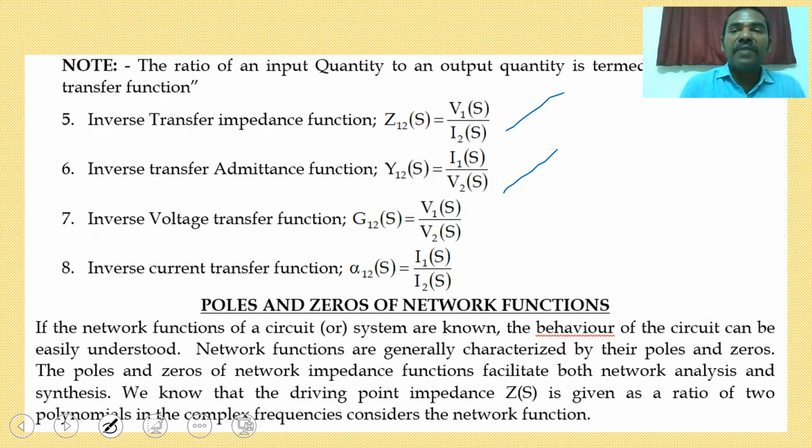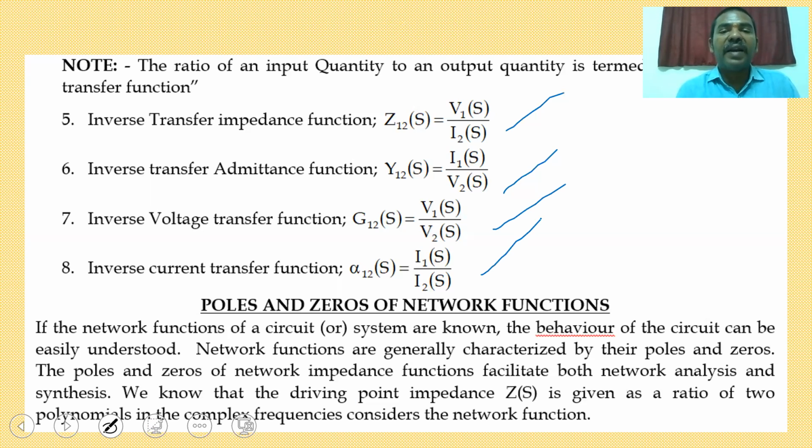Similarly, the inverse voltage transfer function G12 of s is equal to V1 of s by V2 of s, and the inverse current transfer function alpha 12 of s is equal to I1 of s by I2 of s. Like that, for a two-port network or an n-port network, you can go for the transfer impedances.